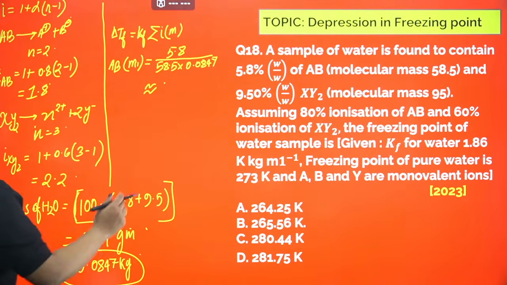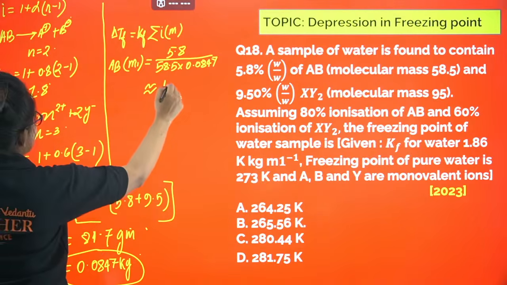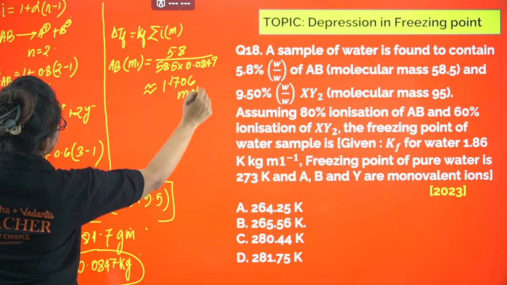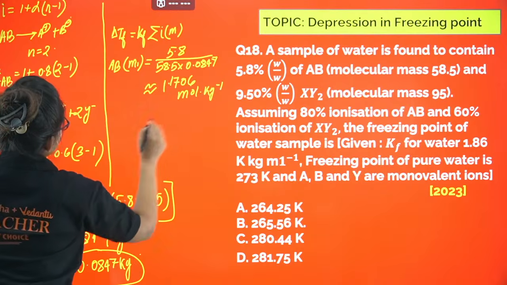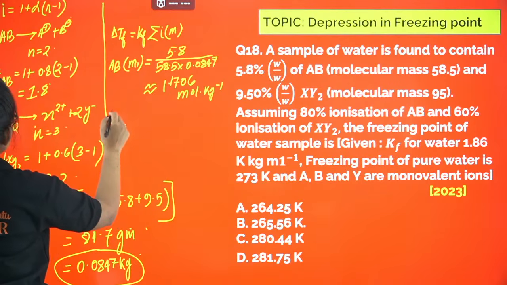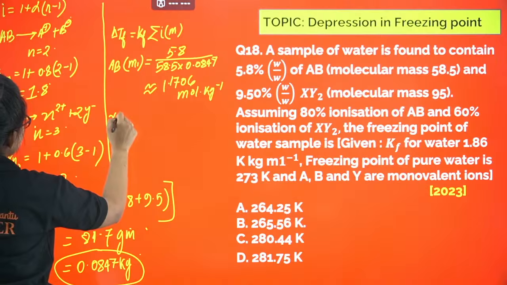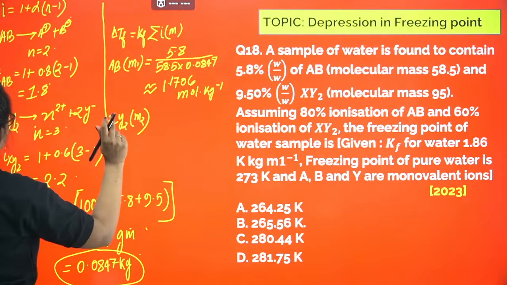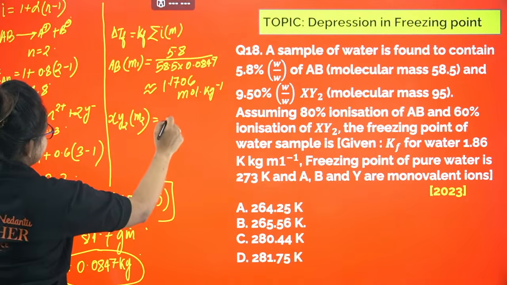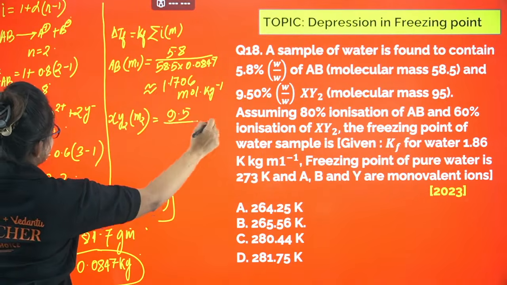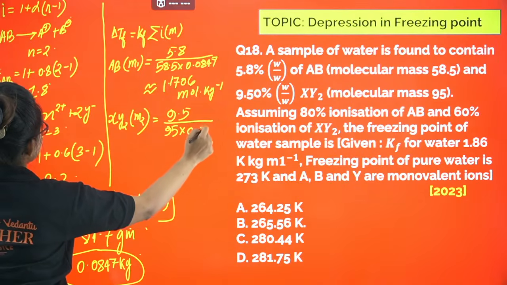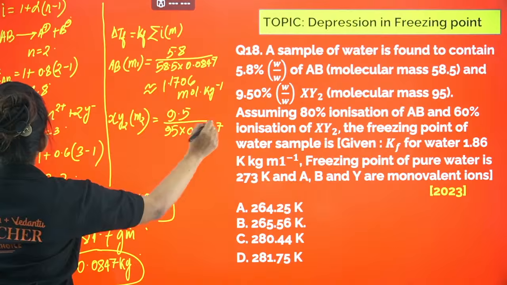Okay, if you calculate this, it will come to something like 1.1706 mole per kg. Now for XY2, let it be M2, I am calculating the molality. So here also I will get 9.5 divided by 95 into 0.0847.